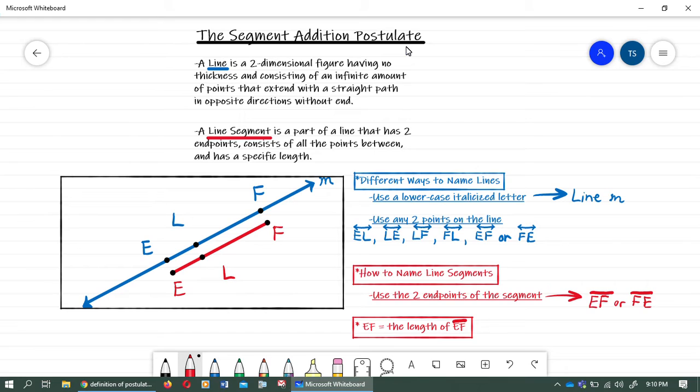Another word that they may use in the place of postulate is axiom. But anyway, we don't have time to talk about all that. When we say postulate, we're talking about a type of statement that is widely accepted as true, even without proof.